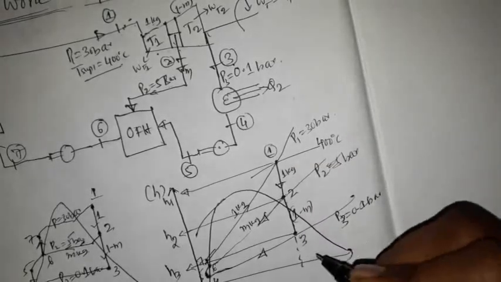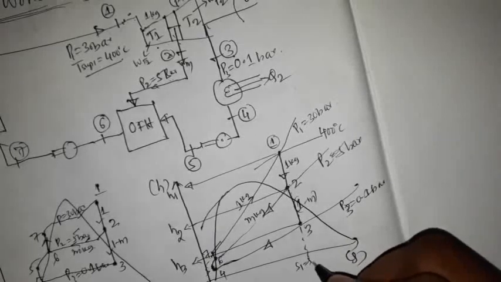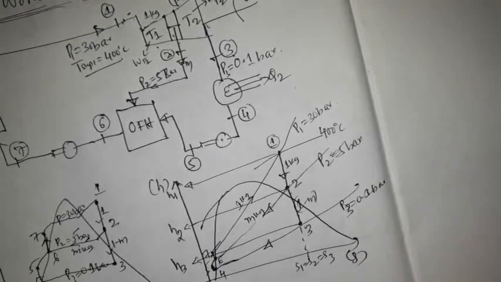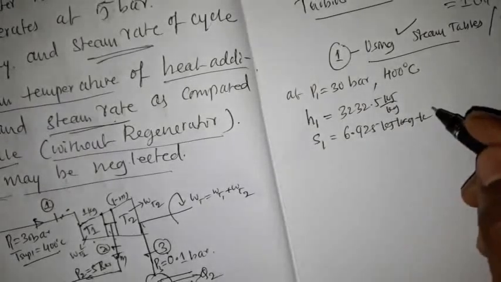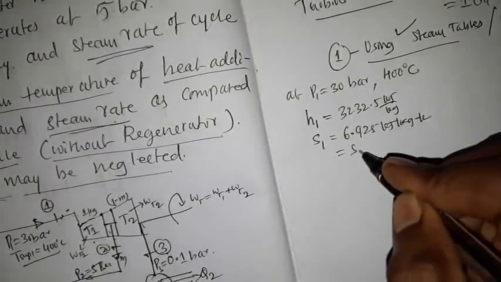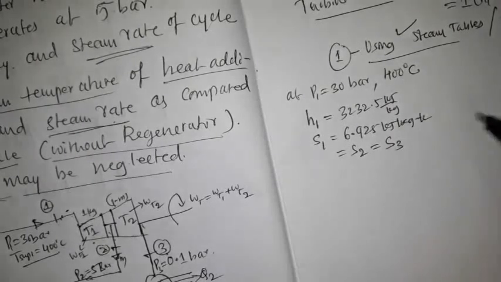So I can write S1 is equal to S2 is equal to S3.